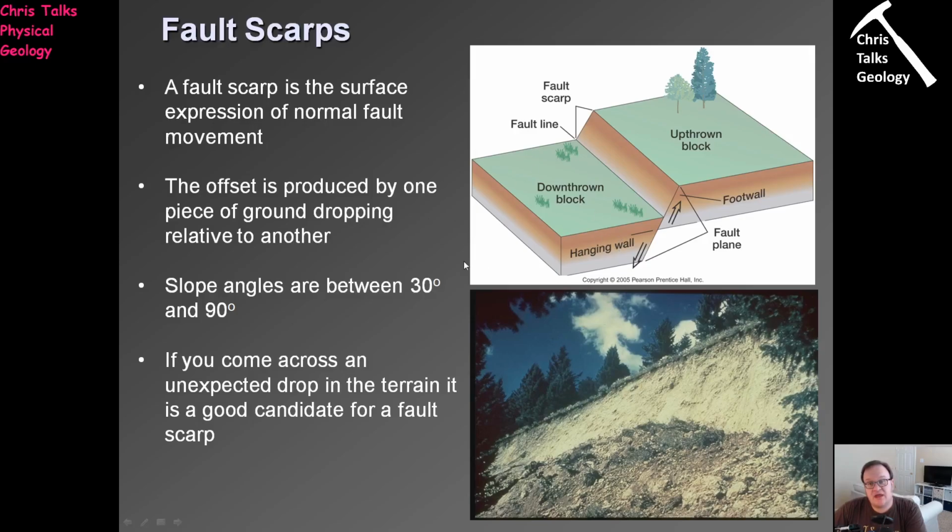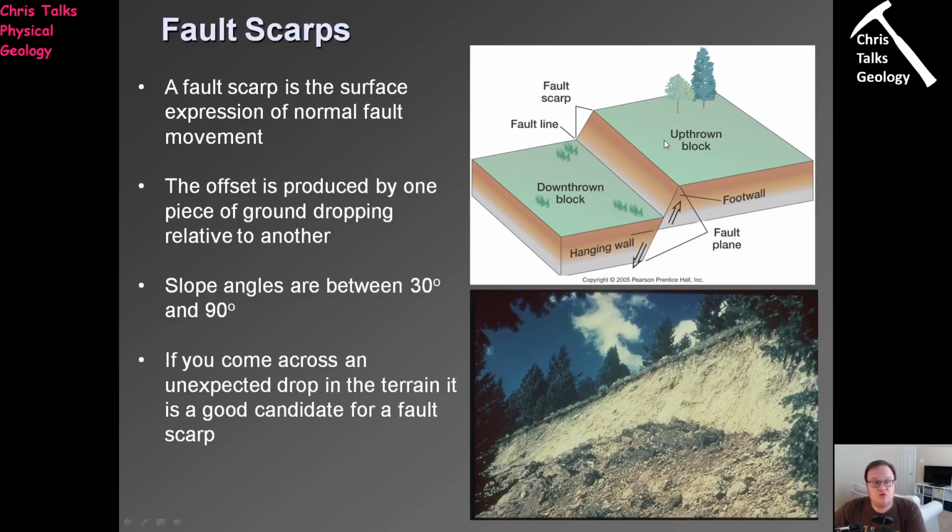The hanging wall block here is dropping down relative to the footwall block here. And if that normal fault intersects with the surface of the earth, well, that means as the hanging wall block drops down, it's going to take the ground, the soil and grass with it, isn't it? So as this block drops down, this area here drops down as well relative to the block up here.